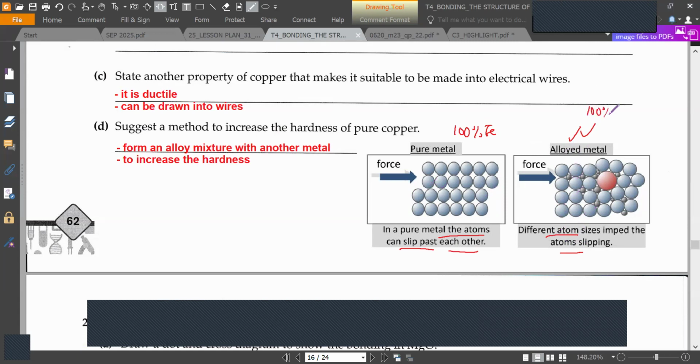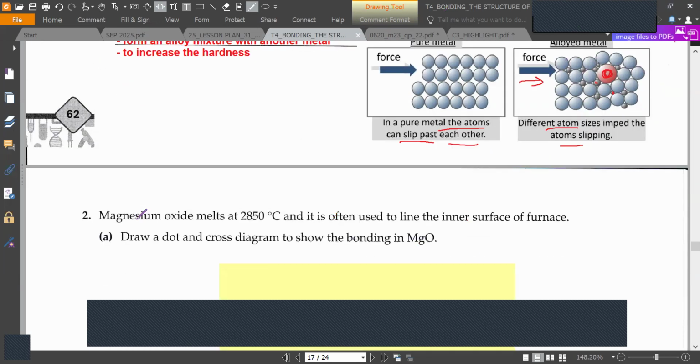Maybe we have like 95% iron, 4% carbon, 1% nickel, for example. So we have big atoms and small atoms. When we apply force, the atoms cannot move easily, which makes it harder. That's the characteristic of alloys.